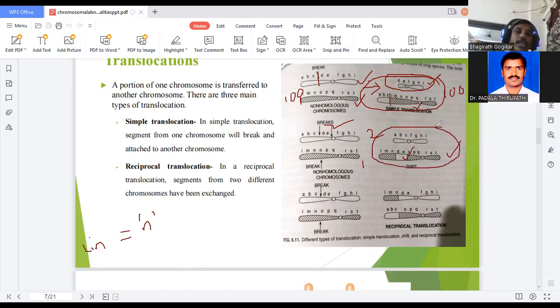So in translocations, a segment of the chromatid or chromosome is transferred from one linkage group to another linkage group. Reciprocal means both are exchanged in a similar fashion. So see here, the ABC portion is replaced with LMN. That's why heterozygotes are formed. Sometimes non-heterozygote translocations are also formed.